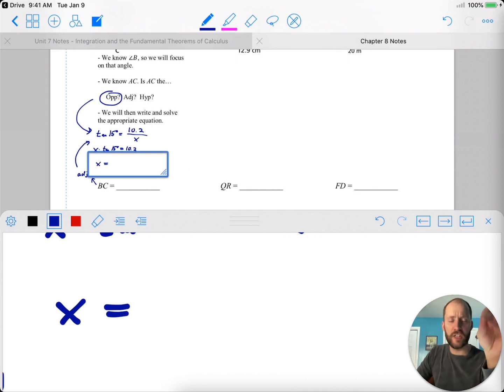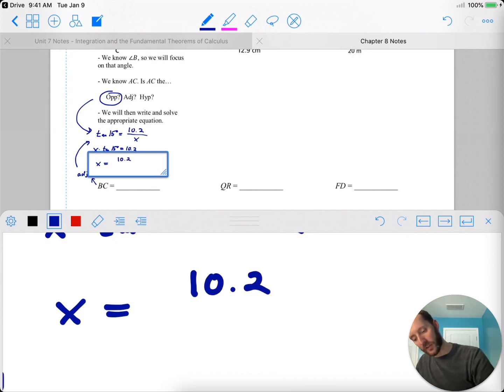Tangent of 15 degrees is representative of some number, so treat it like a number. Like, assume it's 5. You have x times 5, so divide by 5. So now, tangent 15 times x, divide by tangent of 15.